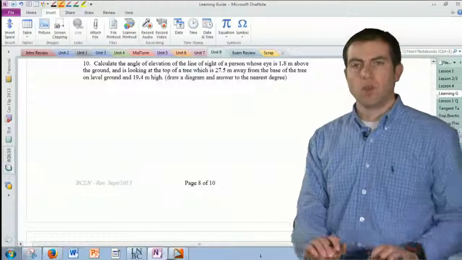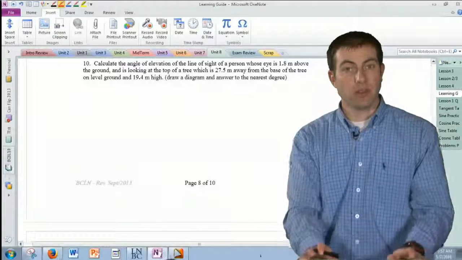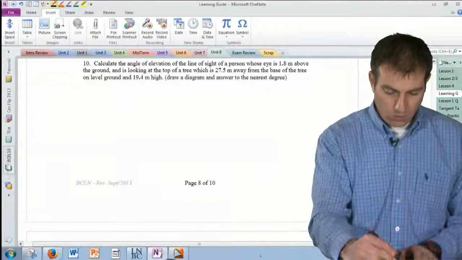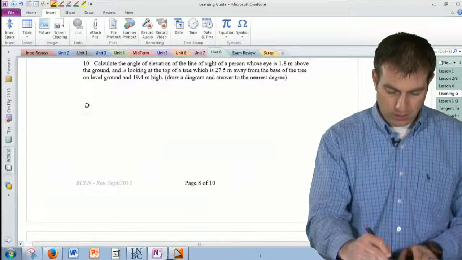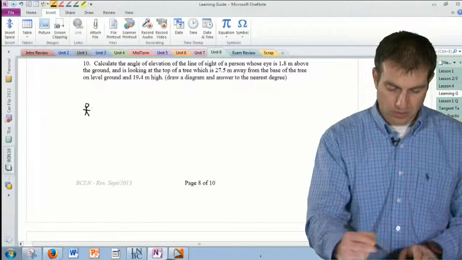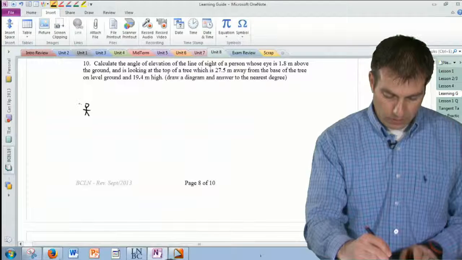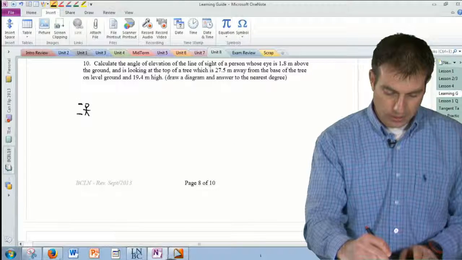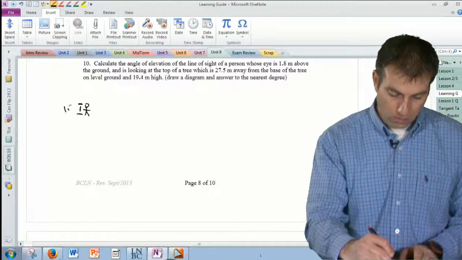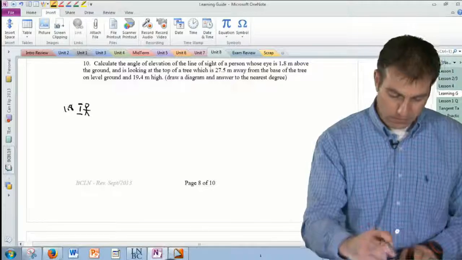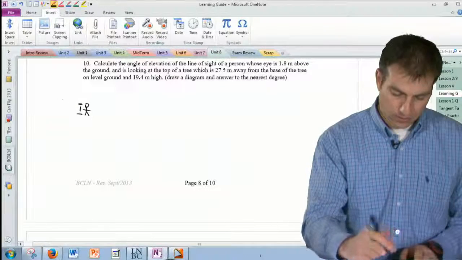All right, so the tricky part of this question is we have our person. Here's our person, and the person's eye, who's measuring it, is 1.8 meters above the ground.